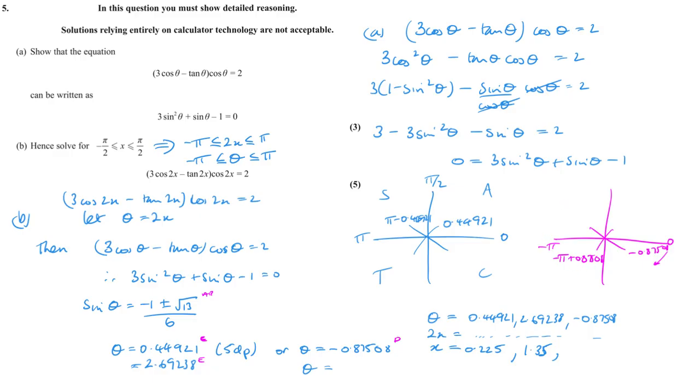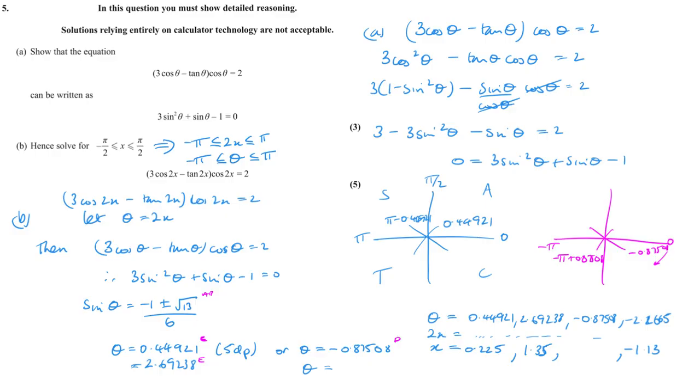So in my calculator, minus pi plus that gives me minus 2.2665, and divide that by 2, I get minus 1.13.